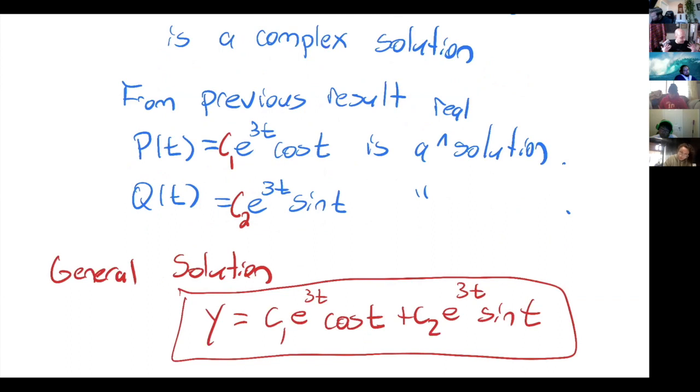So that's how we handle complex roots. You don't need to go through this entire proof every single time. I wanted to just show you where this formula comes from rather than just spring a random formula on you.